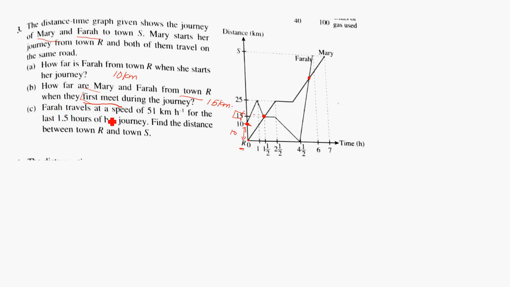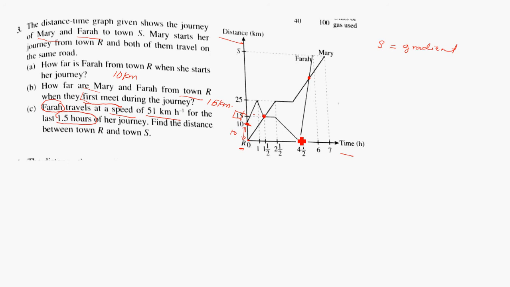Farah travels at a speed of 51 kilometer per hour. This is speed. Remember, for a distance time graph, speed equals gradient. So this is the speed of Farah. Focus on Farah for the last 1.5 hours.